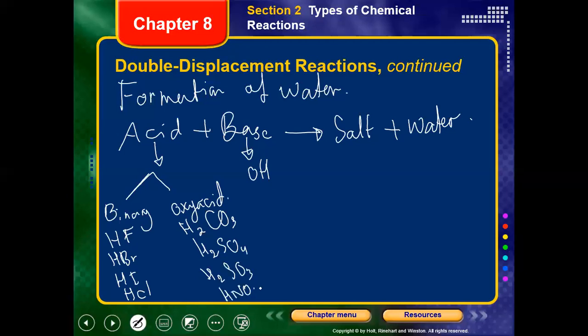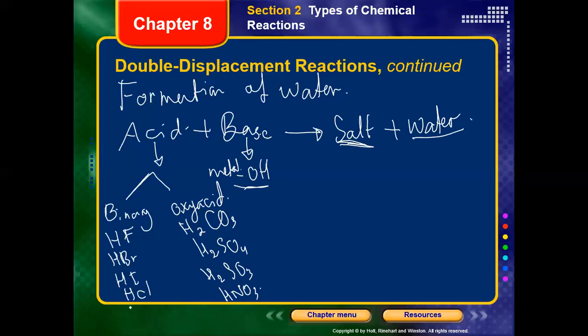Okay, these are some examples of oxyacids. When an acid reacts with a base, a metal hydroxide, the products are salt, we learned the meaning of salt before, and water.